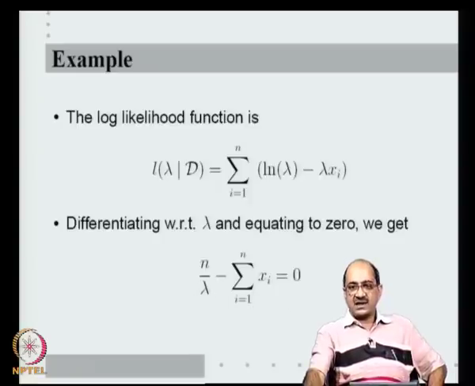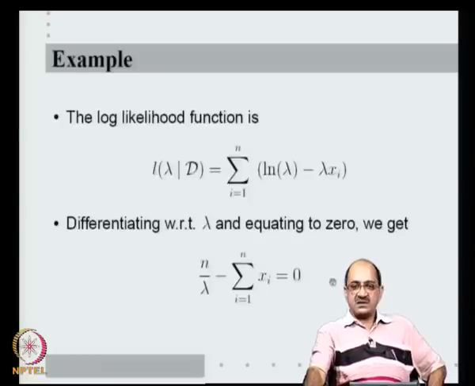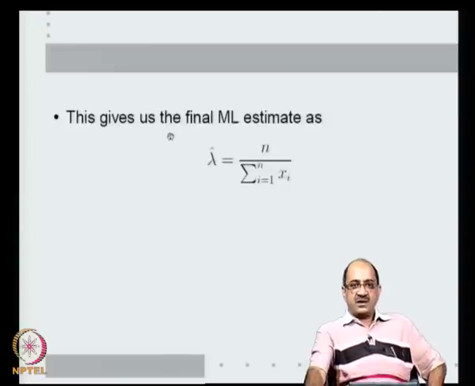I take n by lambda on the other side and then we can solve for lambda. If we solve, our final ML estimate, because in an estimate I put a hat on top, is n by summation i equal to 1 to n of x i. Once the summation comes on that side, lambda goes there and n comes down. So, the final estimate is lambda hat equals n by summation x i.